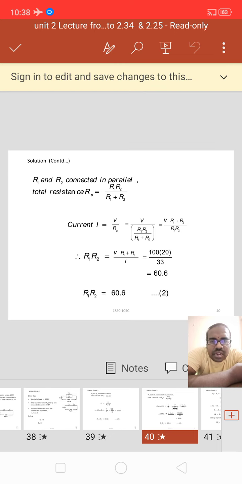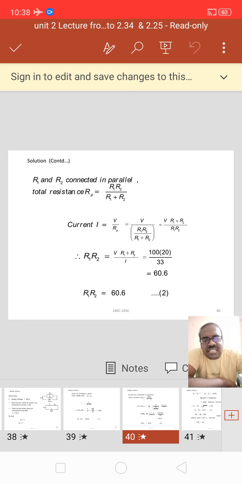So 100 into, we already found the value of R1 plus R2, that is 20 by 33, that equal to 60.6. R1 R2 value equal to 60.6.